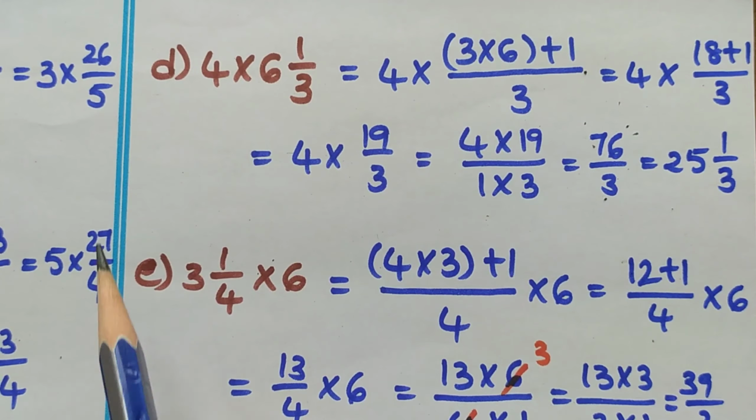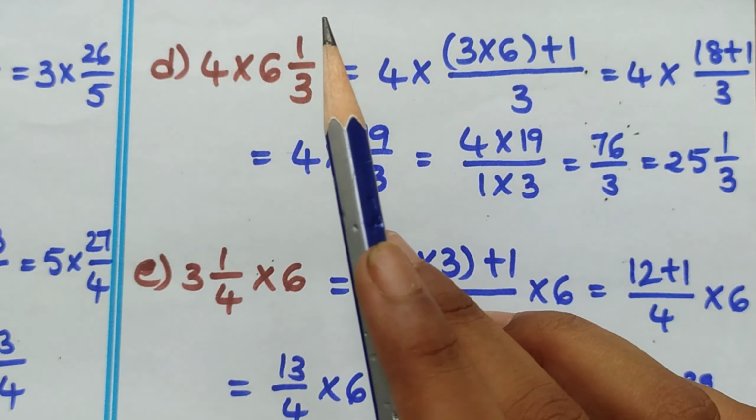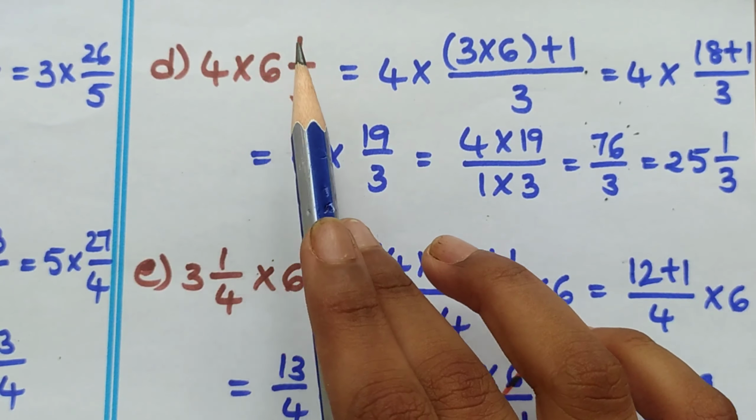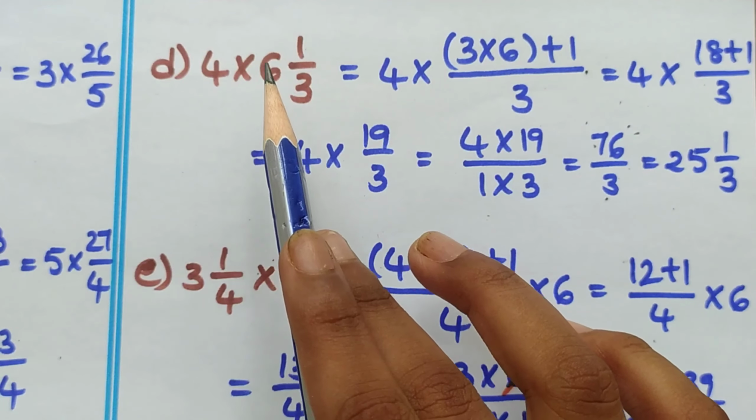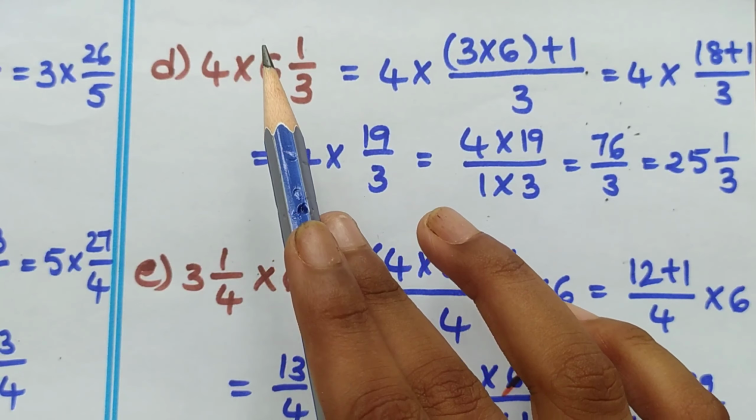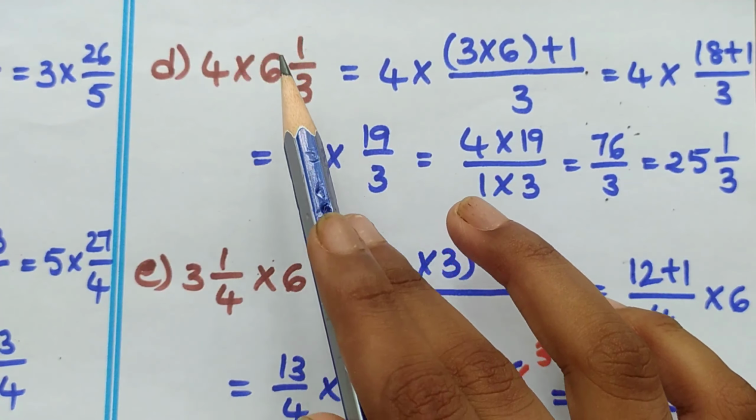Okay friends, now let us see D bit. The question is 4 into 6 1 by 3. So 4 into, we should convert this mixed fraction 6 1 by 3 into improper fraction.